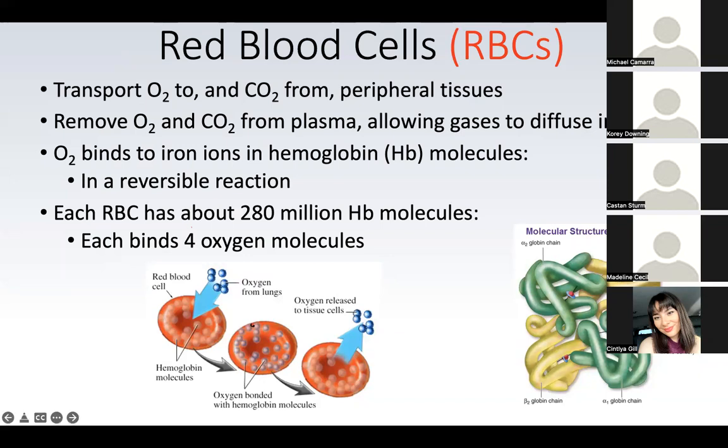There is a schematic diagram here to remind you of what that looks like. Essentially 4 globin chains, 2 alpha, 2 beta, and at the center of each globin chain is going to be a heme group. At the center of it, an iron ion where oxygen will bind.